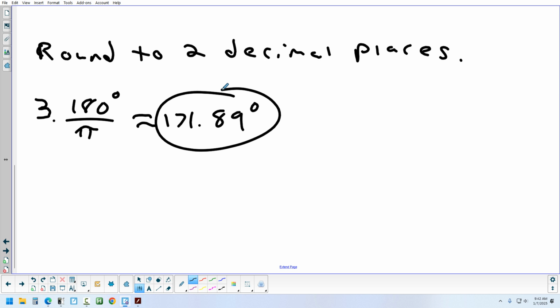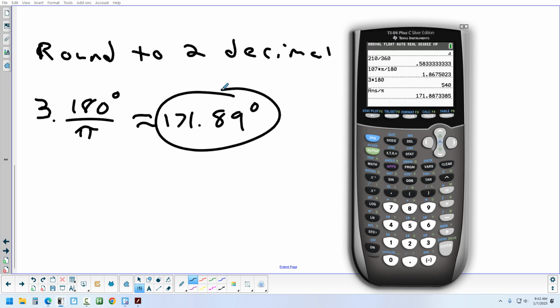Okay, now, if you don't use the pi button, the top was what, 540 divided by 3.14. Okay, if I'm looking for you to get an answer that's accurate to 2 decimal places, there's a pretty big difference between 89 and 97. They're not the same number. So not using the pi button will throw your answer off.